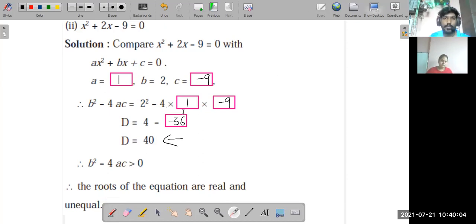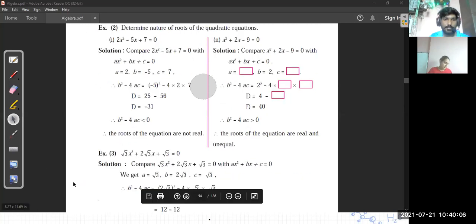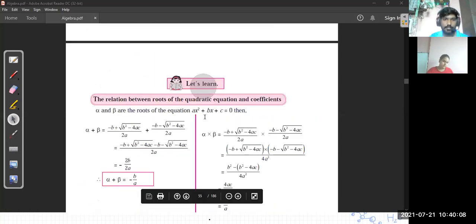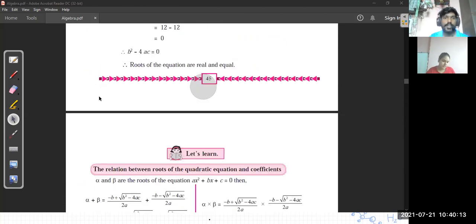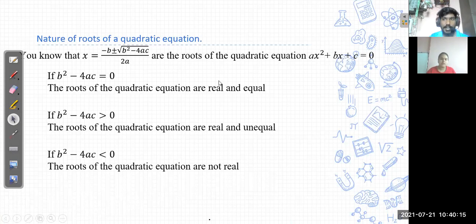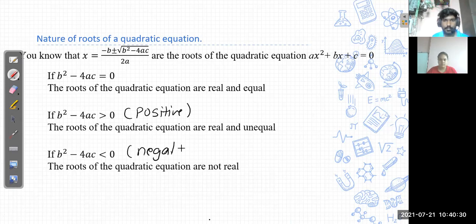Now before moving on to the next page, there is one more, the relation between roots and quadratic equation coefficients. Before moving to that, I want you to make a note of this. Write it down.